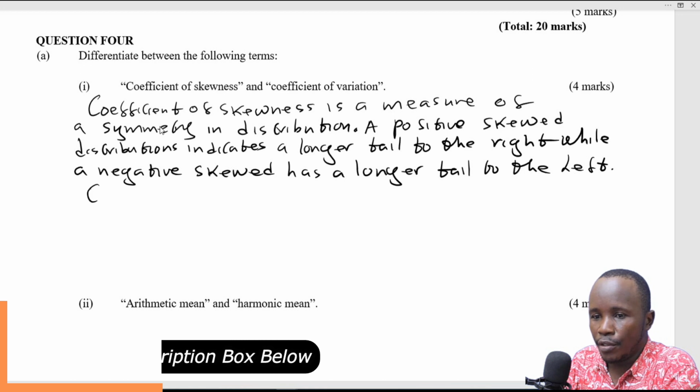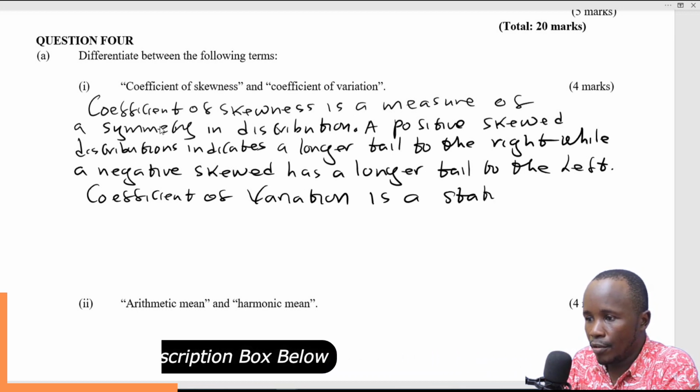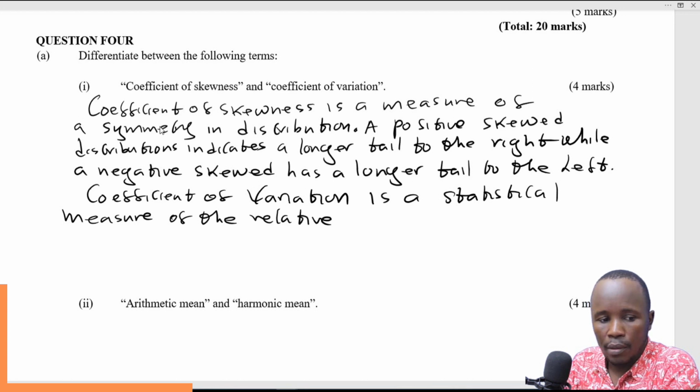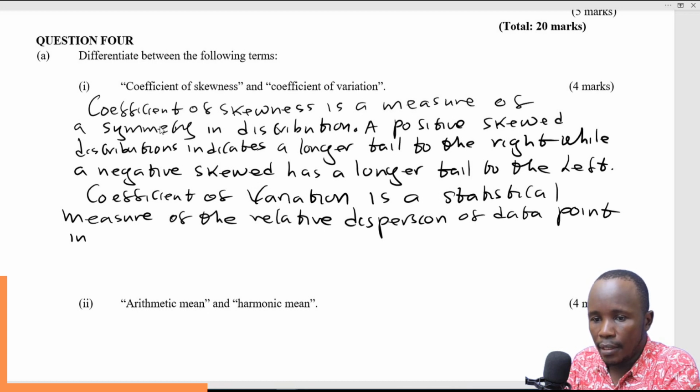Then coefficient of variation is a statistical measure of the relative dispersion of data points in a data series around the mean.